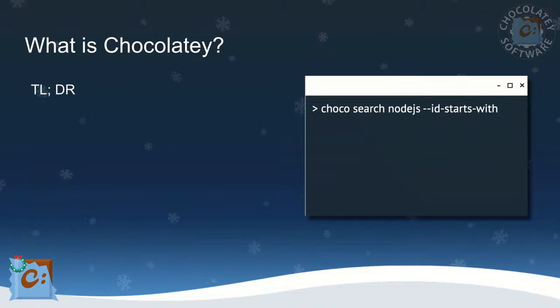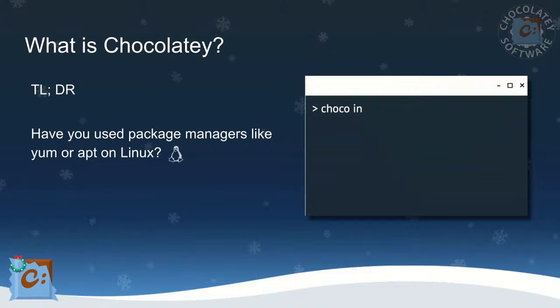So first things first, the TLDR version of this is, what is Chocolatey? People always ask that question when they first see this. The short answer is, have you used package managers like Yum or apt on Linux?